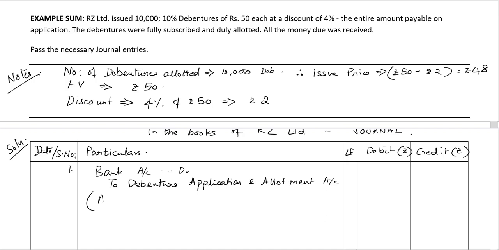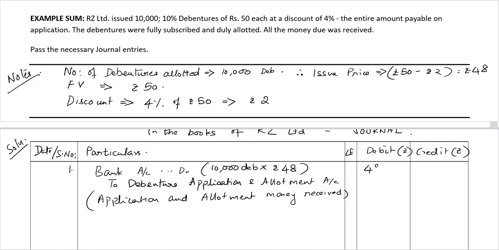For application and allotment money received. The number of debentures is 10,000 debentures multiplied by the application and allotment money which is received is rupees 48. Comes up to 4,80,000 rupees.